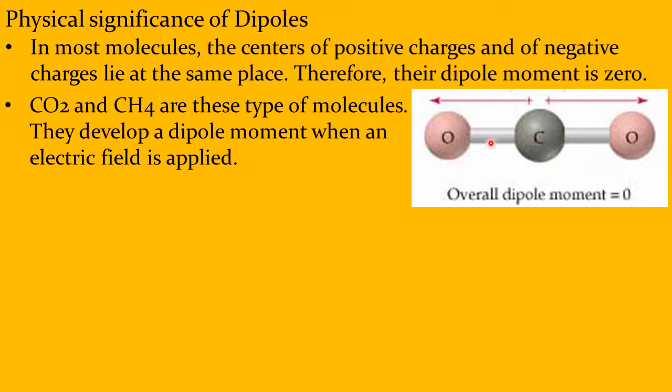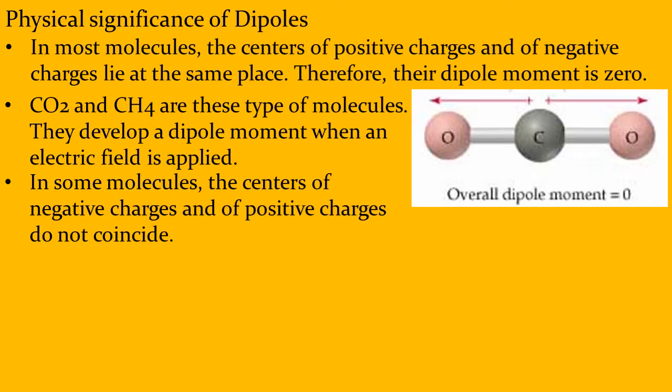Now this forms a dipole, one in this direction and the second in this direction. So it forms two dipoles. The overall dipole moment is zero. However, when I apply an electric field to this molecule, the electric field will be in a particular direction, then these molecules develop a dipole moment.